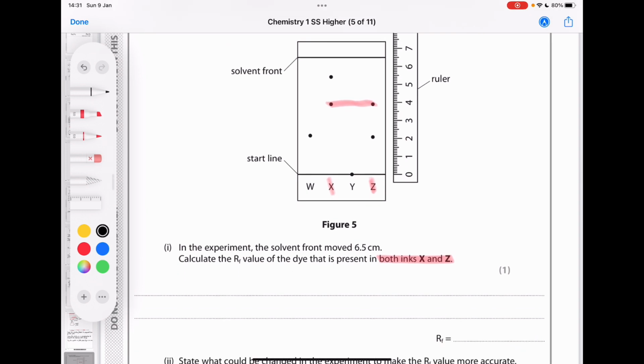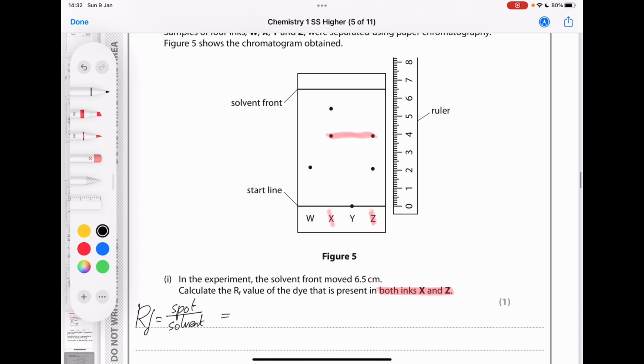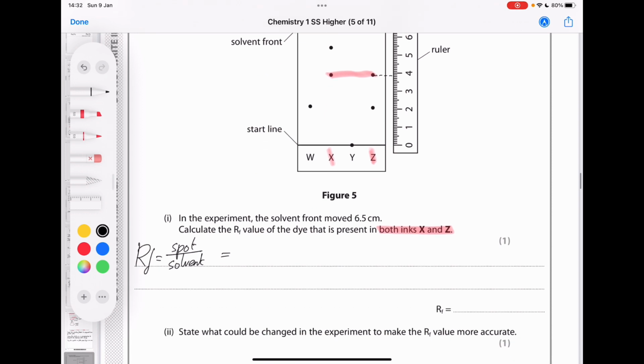My RF value is found by finding the distance the spot has moved and dividing by the distance the solvent moved. The spot, if you look across carefully, measuring from the middle of this dot, is at around about 3.9.